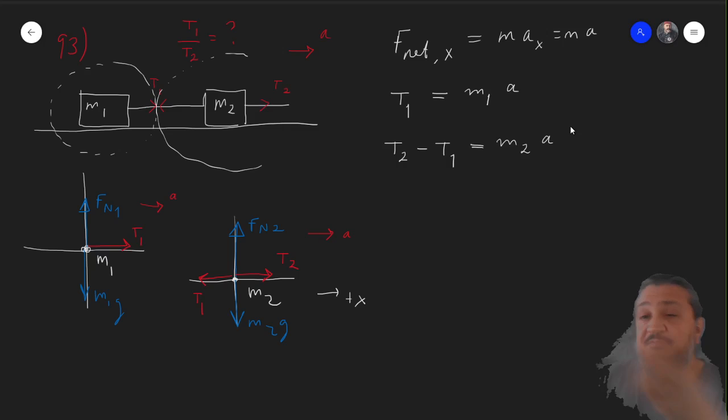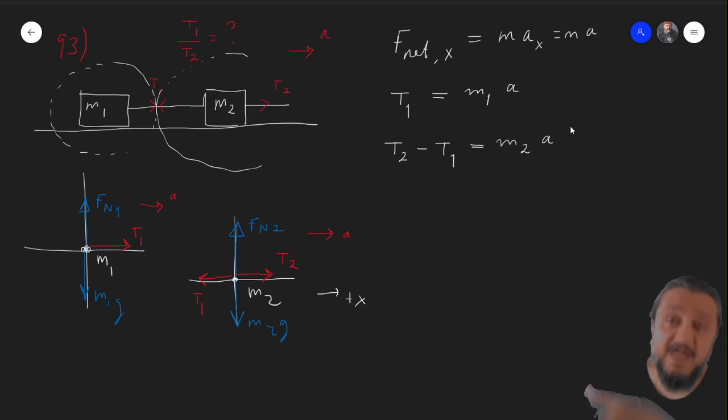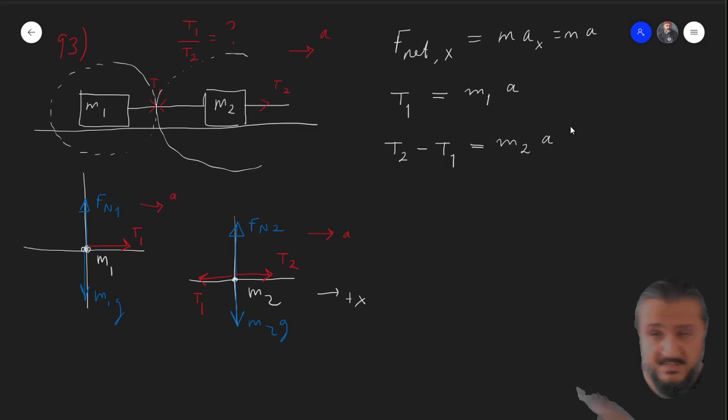Or you can solve the first equation for a, which would be T1 over M1, and plug it in the second equation. Doesn't matter how you do it, okay? So let's do it like that. Let's solve the first equation for a, which will give you T1 over M1, and plug that in the second equation.